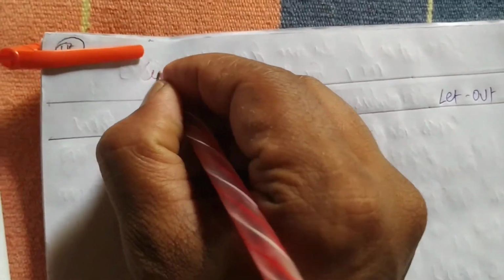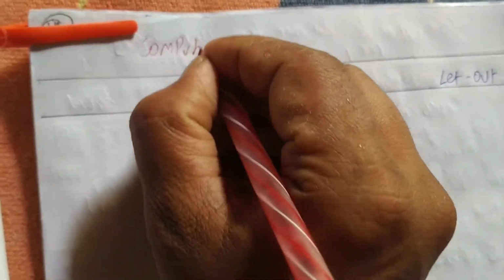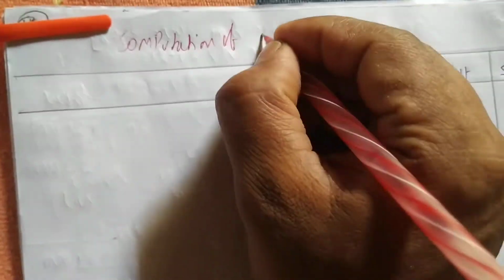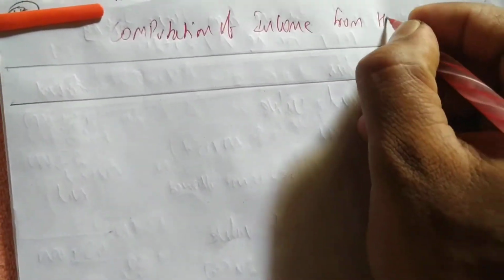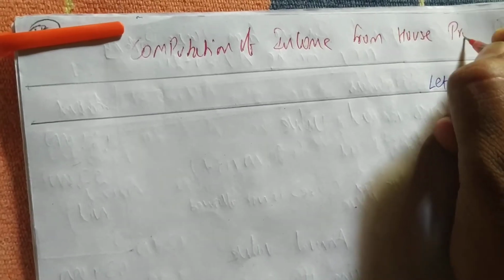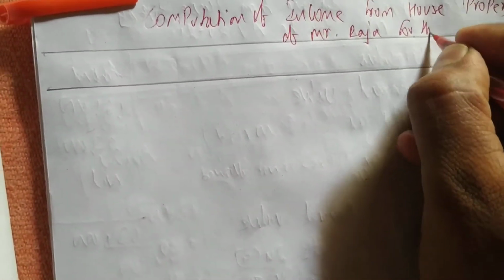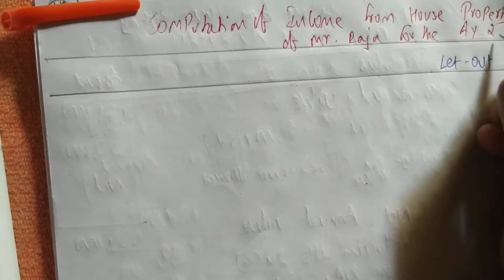So we are finding computation of income from house property of Mr. Raja for the AY 2020-21. Okay, so first we have to find out GAV.